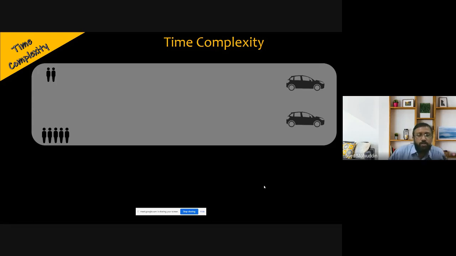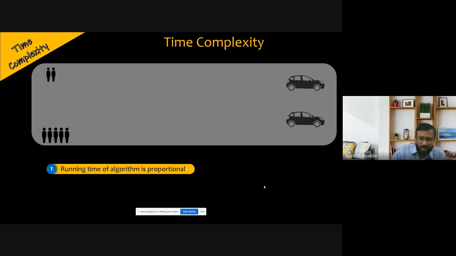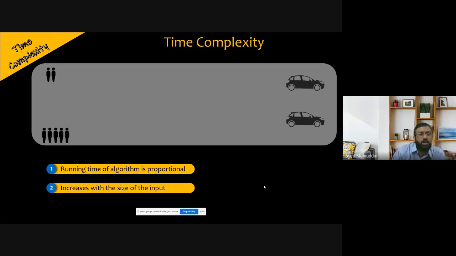So the size of the input matters: the running time of the algorithm is proportional to the size of the input. That is, it increases as the size of the input increases.